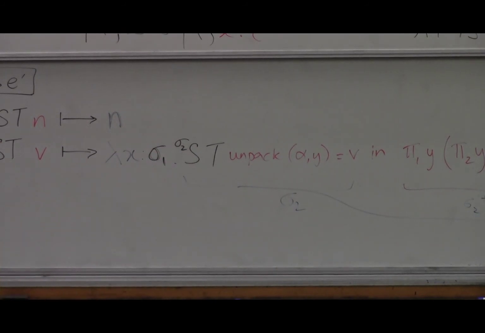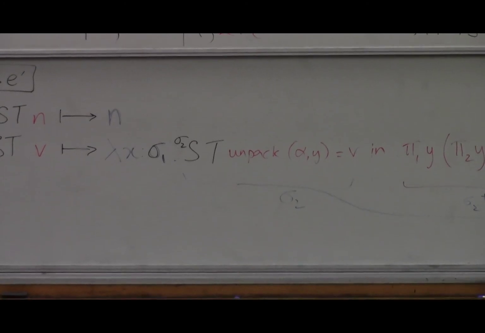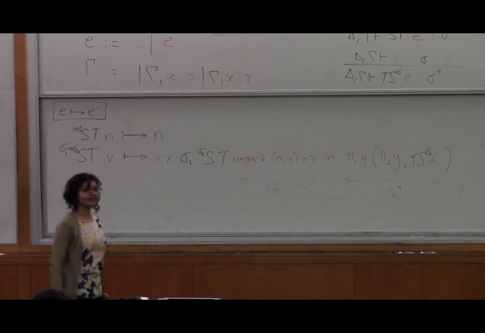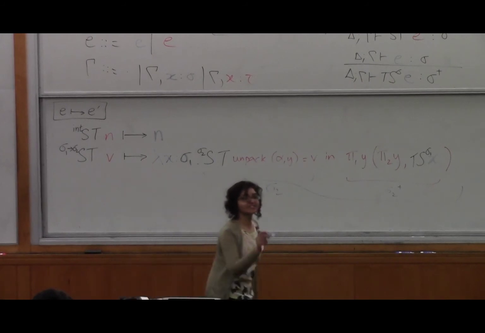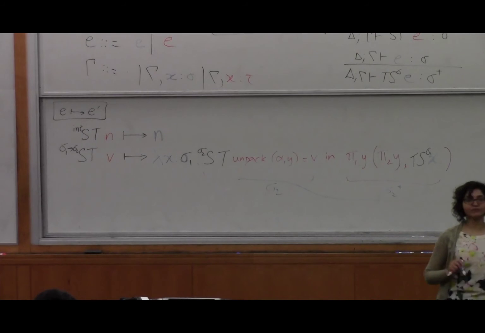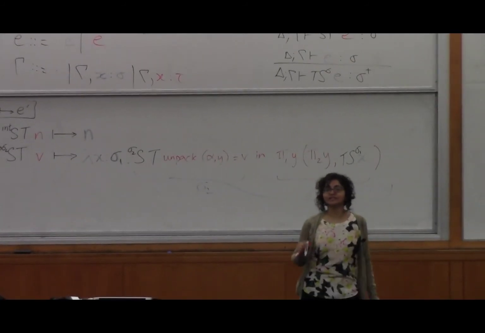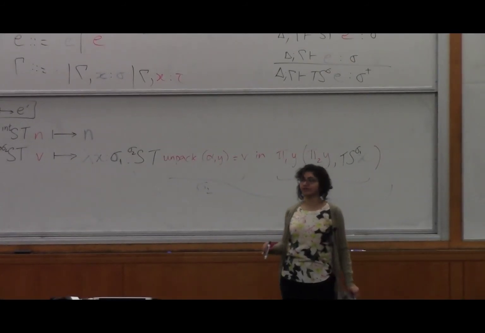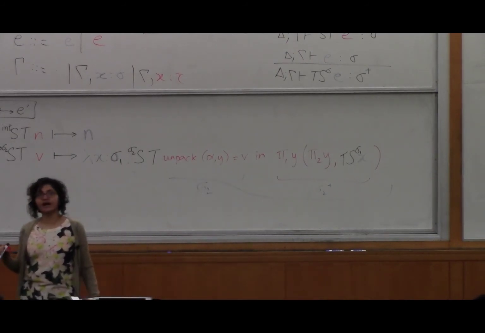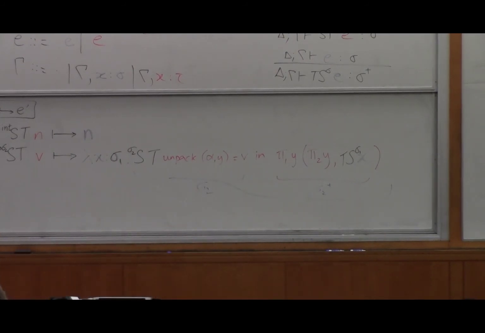Okay? Have you seen this in the last 2 weeks? It's exactly like contracts, and it's exactly like gradual typing. That's the theme that runs through all three things. The idea just comes from higher order contracts, from Findler and Felleisen's 2002 paper, which said, how do we deal with higher order contracts, right?